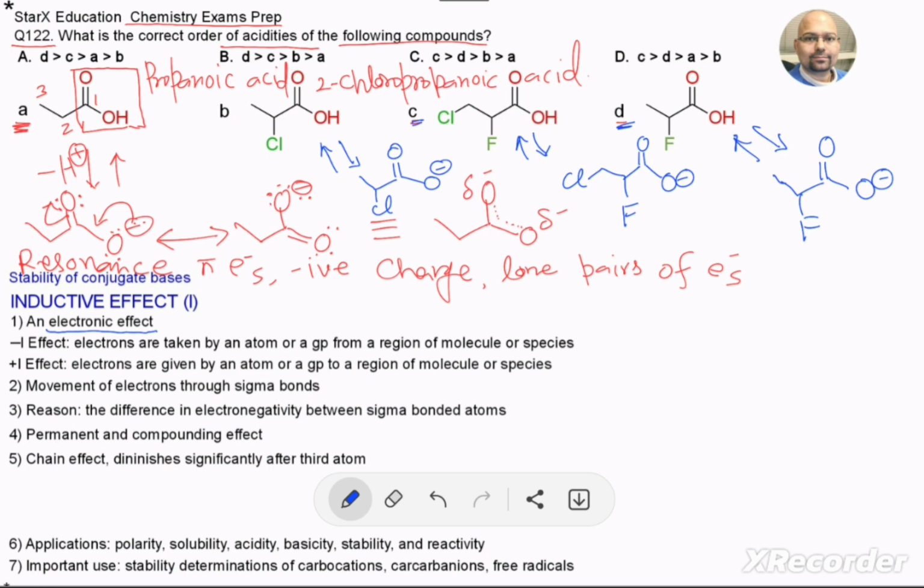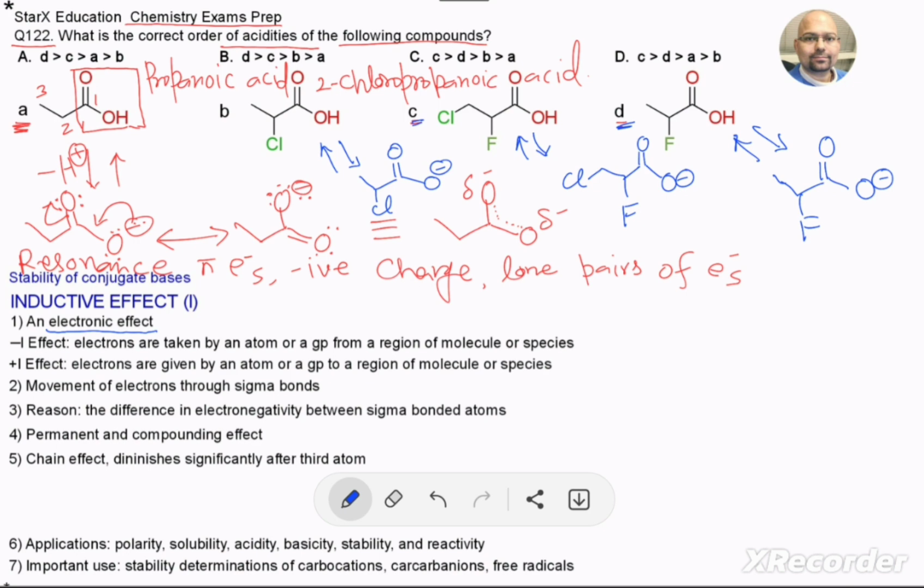In organic chemistry, these two effects help us explain several reactivities and stabilities. So this is an electronic effect, and there are two types of inductive effects. First is the negative inductive effect, which we have seen in these compounds. The negative inductive effect is when a more electronegative atom or group takes away electrons from a part of a molecule or species. The example is in these four compounds.